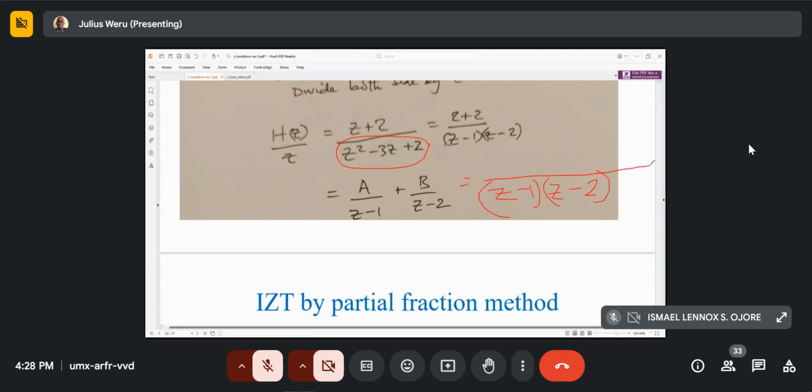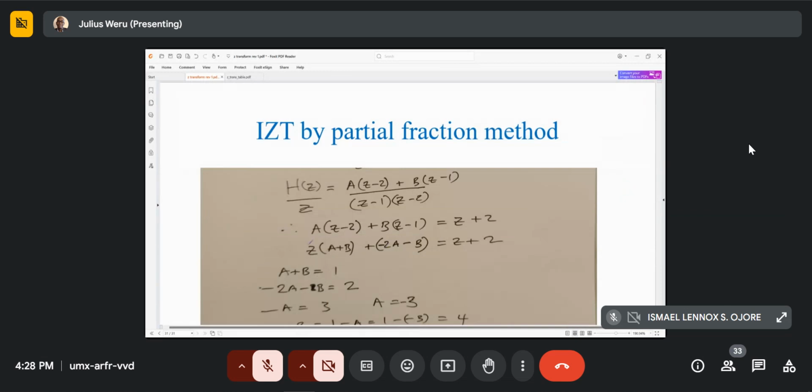This will become A into Z minus 2 plus B into Z minus 1. So this is equal to Z plus 2.